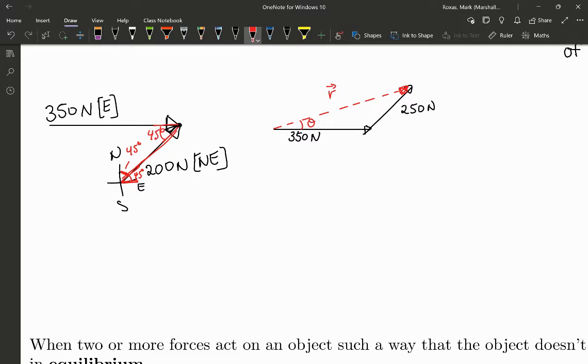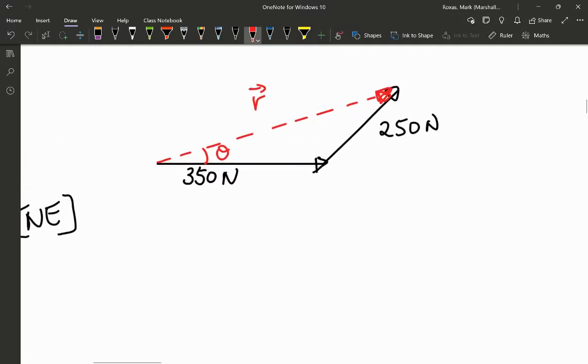Now imagine on my second diagram, if I extended this line, here I have a 45-degree angle using the opposite angle theorem. And this whole diagram forms a triangle.